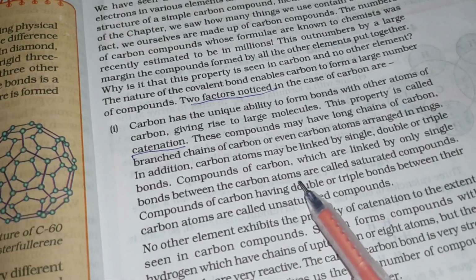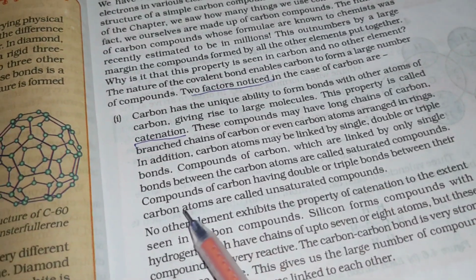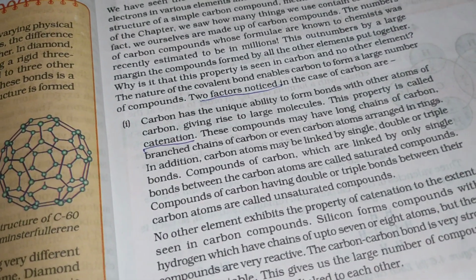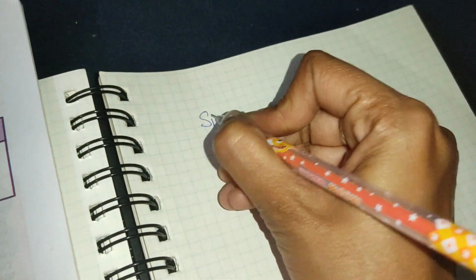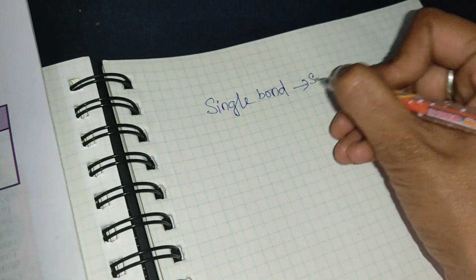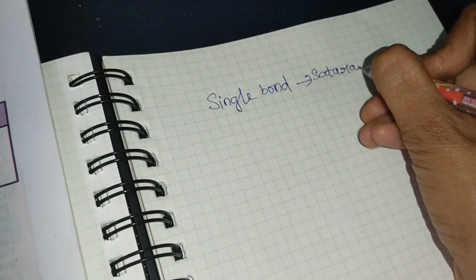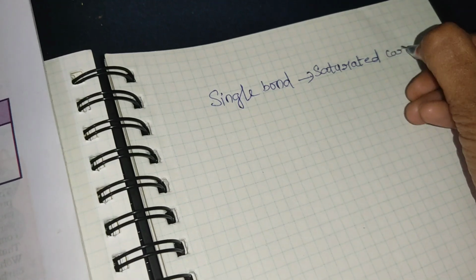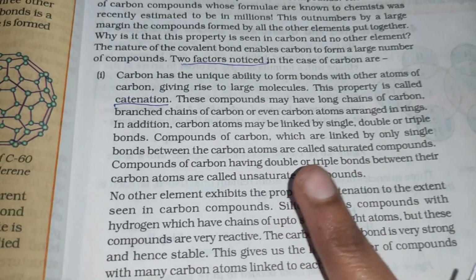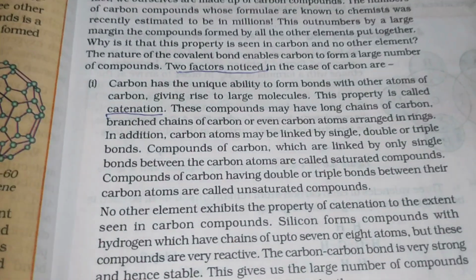Compounds of carbon which are linked by only single bonds between carbon atoms are called saturated compounds. So when the carbon compound contains only single bonds, it is called a saturated carbon compound.